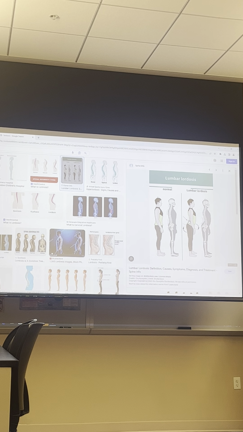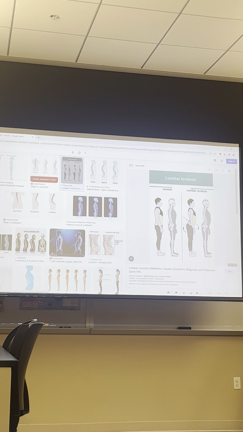So what might a physical therapist do? We might prescribe a program to stretch and relax the muscles through here, and strengthen the muscles through here to help pull everything back into muscular balance.